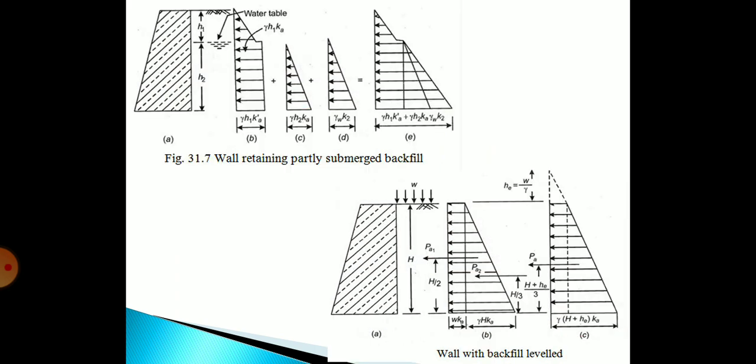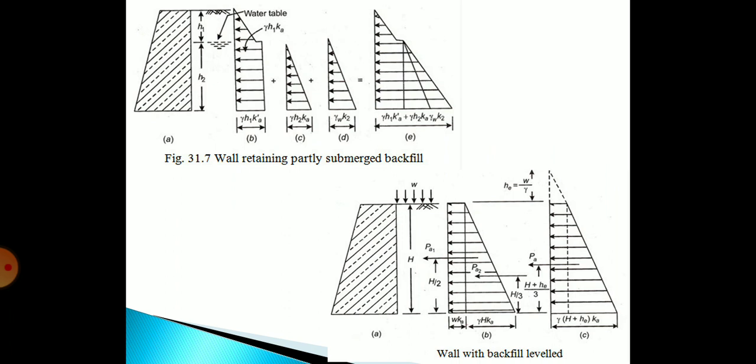So next is the wall retaining partly submerged backfill. That means you can see in diagram A there are two heights, H1 and H2. Up to height H2 there is submerged backfill, and over that height there is dry backfill.